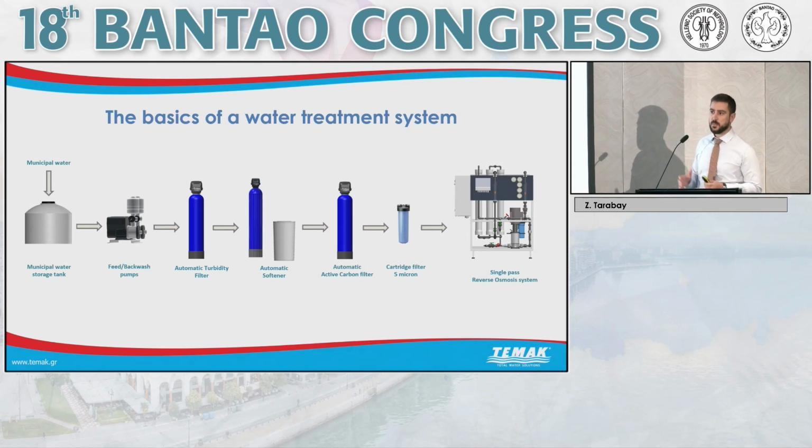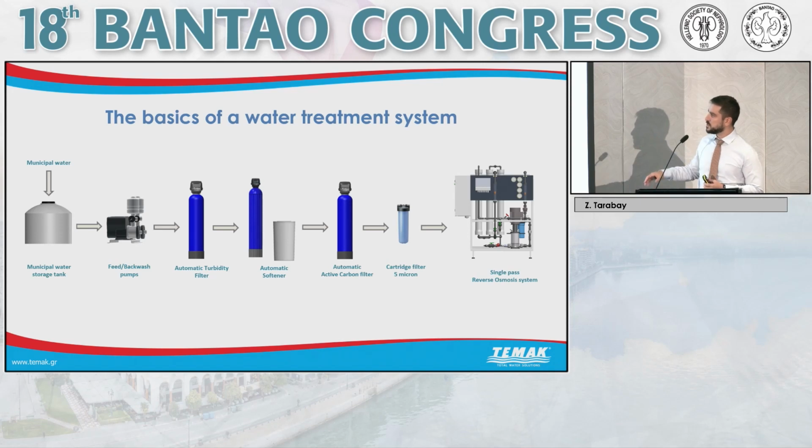It's essentially priming the water so we get it ready to be suitable for the main step in the treatment, so that first of all, we prolong the lifetime of the RO membranes and we delay the development of microorganisms.